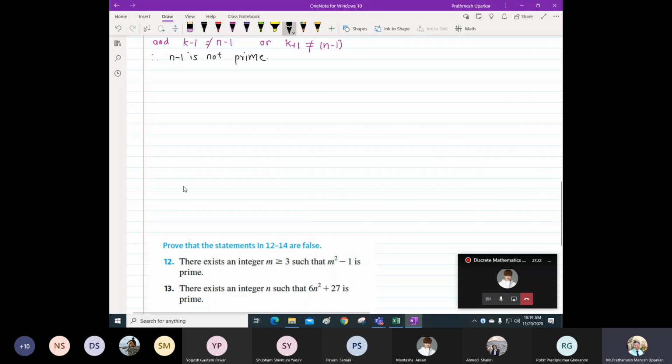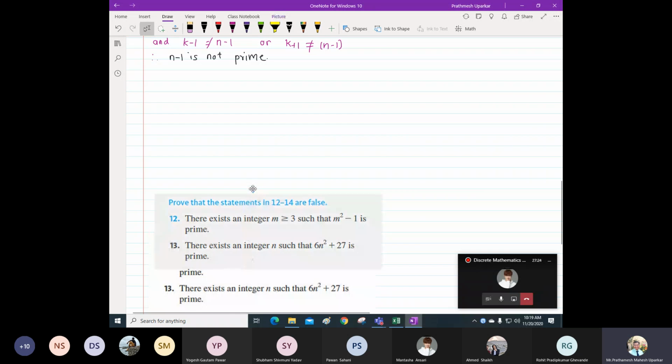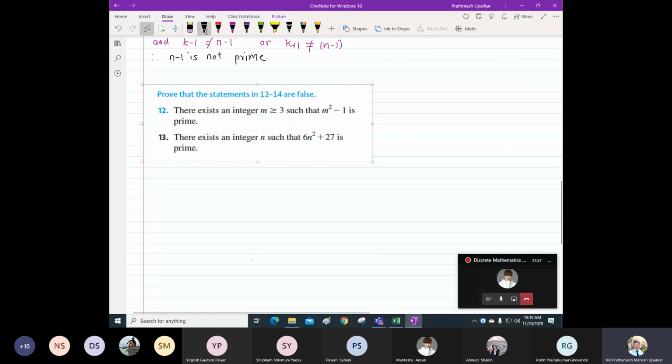So let us solve the next question. Okay, tell me. What is the 12th one? Prove that 12 to 14 are false. Means we have to prove that this statement is false.